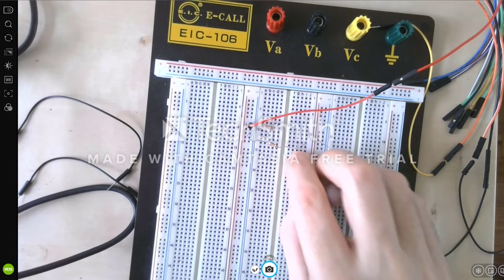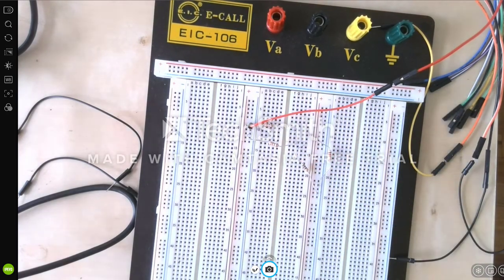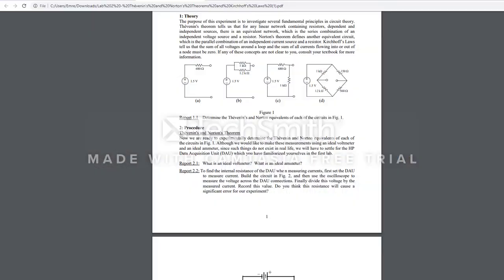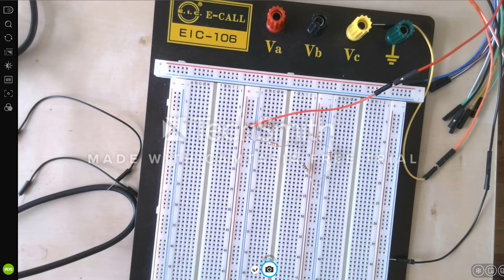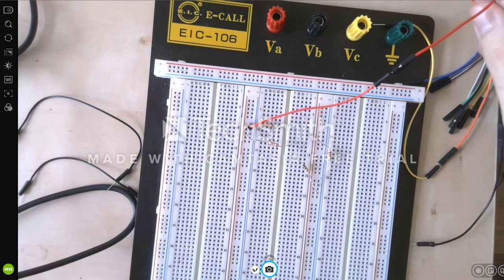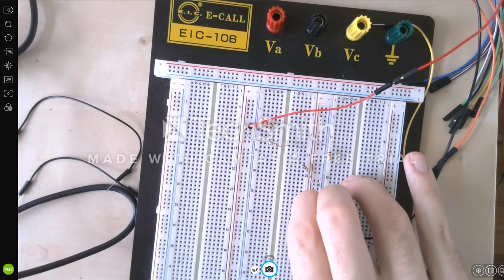The circuit is ready. Again, we should make sure that the wires are not touching one another. And we are supposed to ground the circuit here.